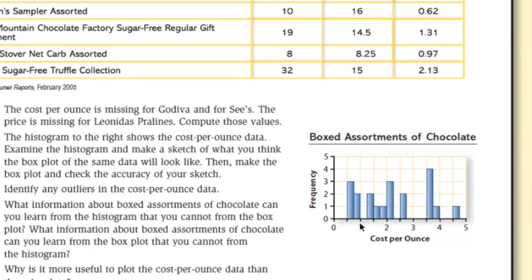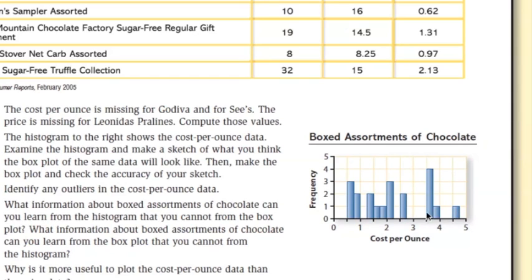So we've got to go halfway in between, sorry, that's not $1.75. That is 75 cents and $1.25. Looking at that, halfway in between 75 and 125, I'm going to estimate that to be about 1. So quartile 1 is 1.